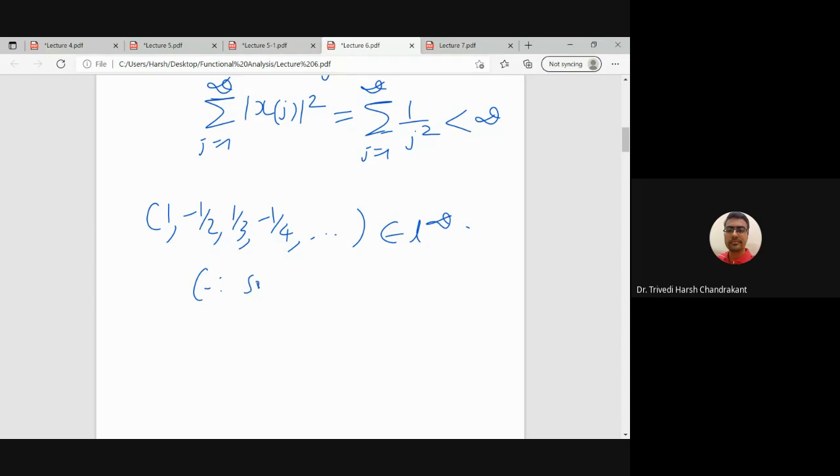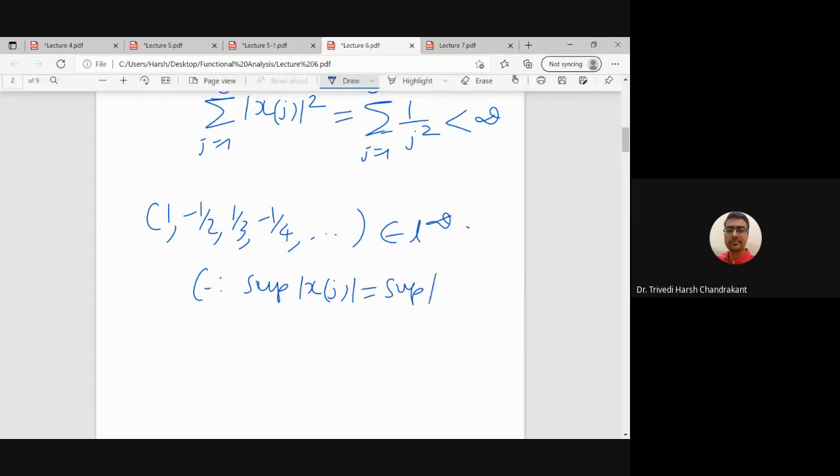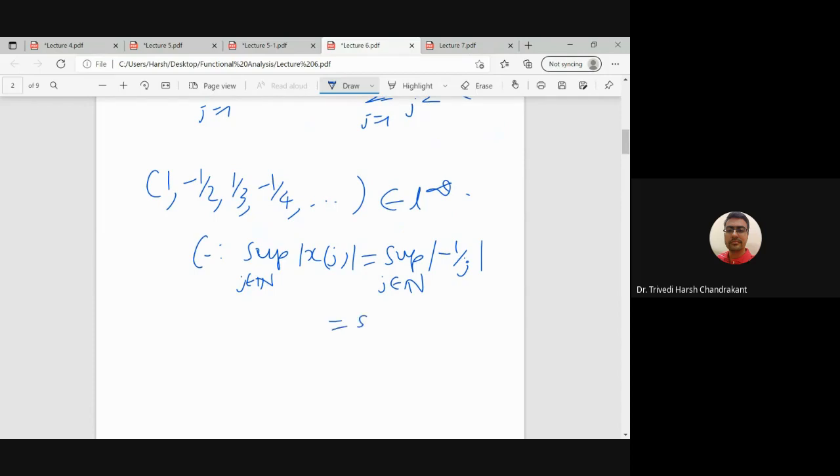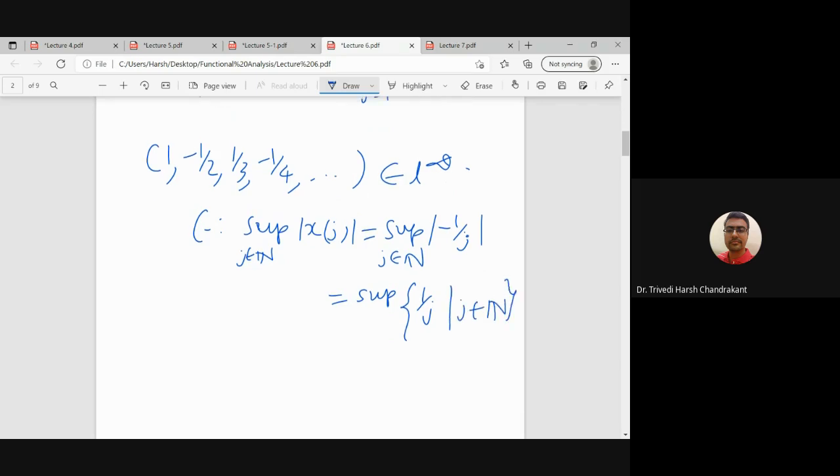Because the supremum of modulus of xj is the supremum of 1 by j, where j belongs to n. So basically this is the set supremum of 1 by j, j belongs to n. So the supremum is 1.